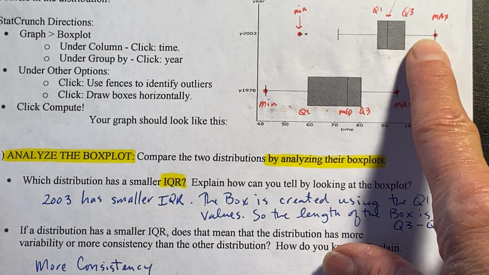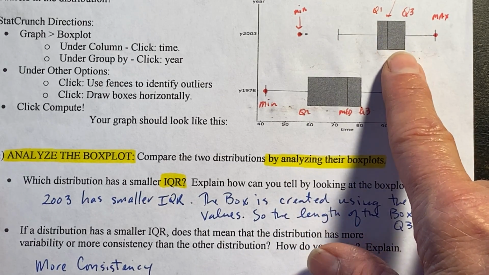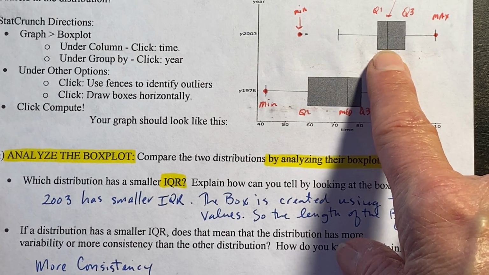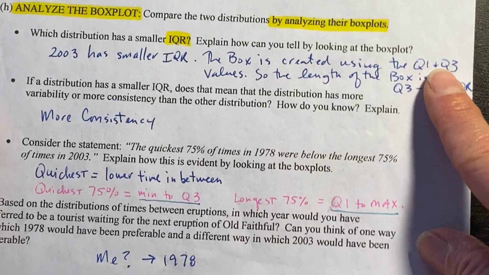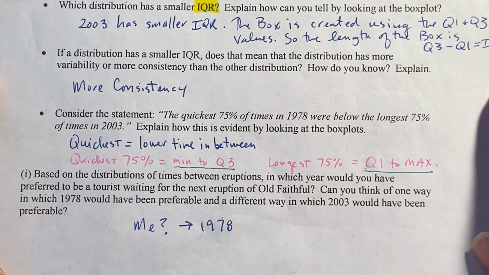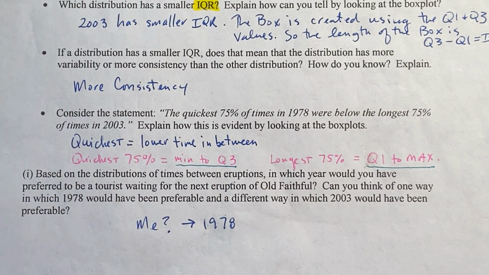Whereas in 2003, you had more consistency, but you had to wait longer on average in between eruptions. So based on that, the last question, in which year would you have preferred to be a tourist waiting for the next eruption of Old Faithful? So can you think of one way in 1978 that it would have been preferable, and then a different way in which 2003 would have been preferable?